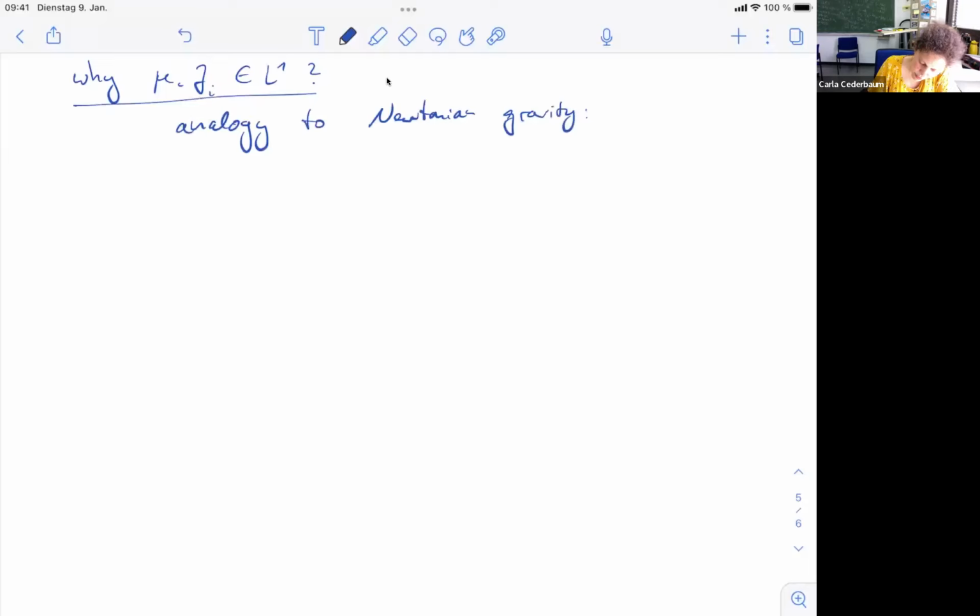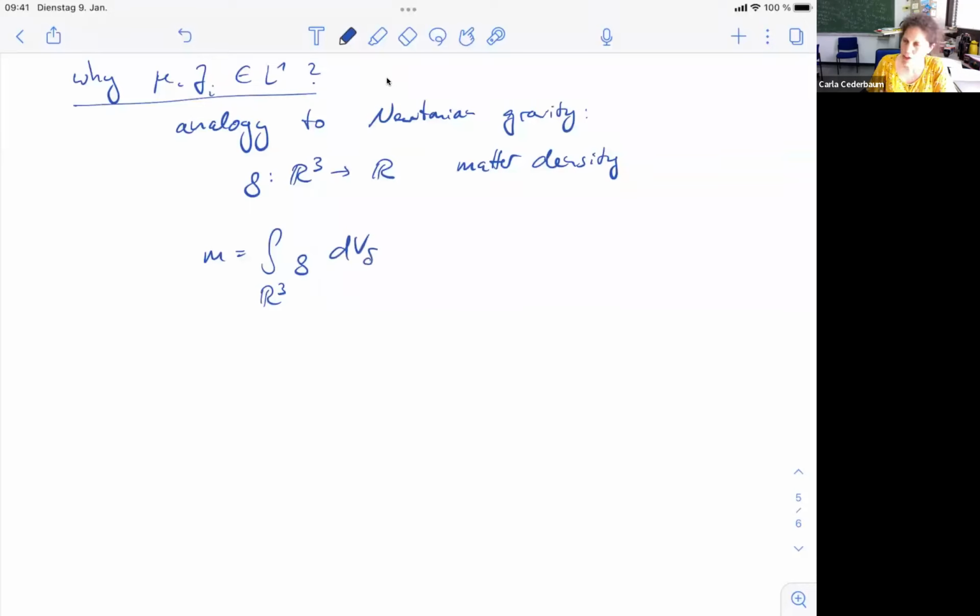Where we really have a matter density, rho, and the mass is then defined as the volume integral over this matter density, as you usually do with matter densities. Then masses or mass densities, you integrate them, and this of course is finite if this matter density is integrable.